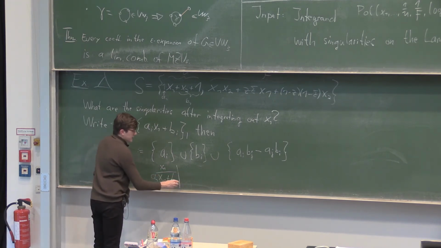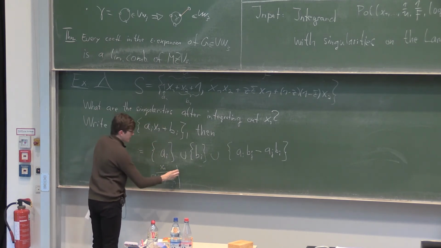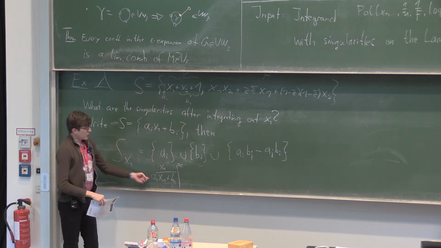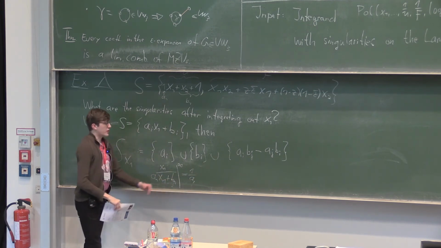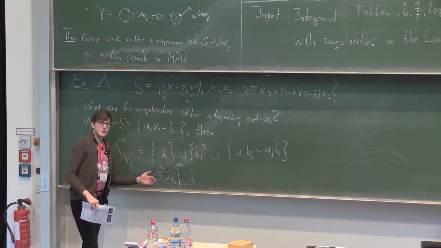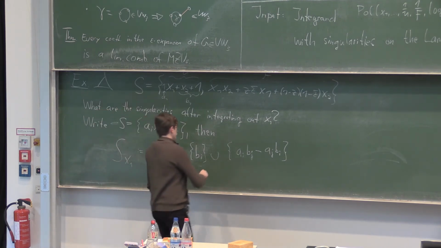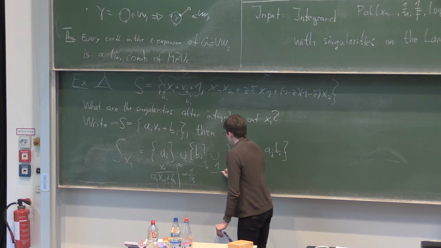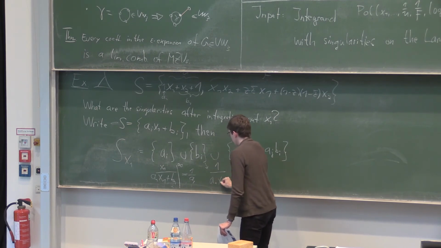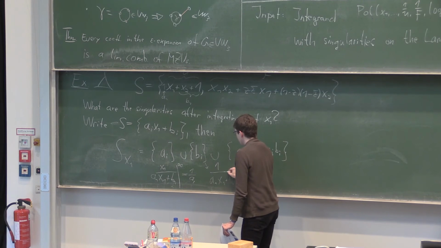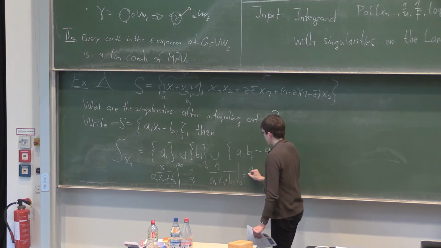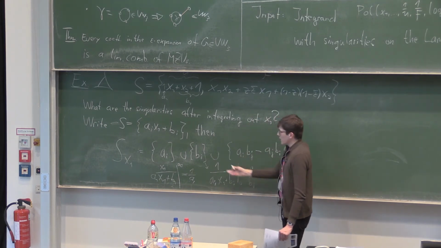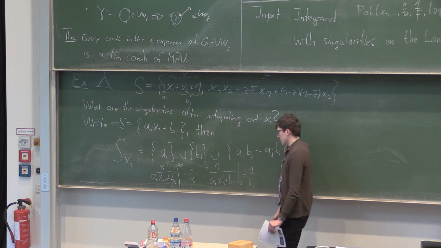Now, if you're evaluating this at the integration boundaries from 0 to infinity, of course, you get 1 over a1. So whenever a1 gets 0, you might create a singularity of the integral. And same with the bi. If you have 1 over ai x1 plus bi, and now you evaluate this at the lower boundary, you get 1 over bi. So again, if bi was 0, this could introduce a singularity.